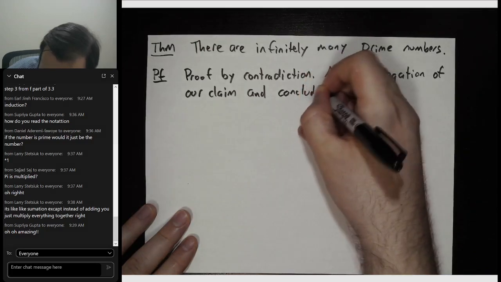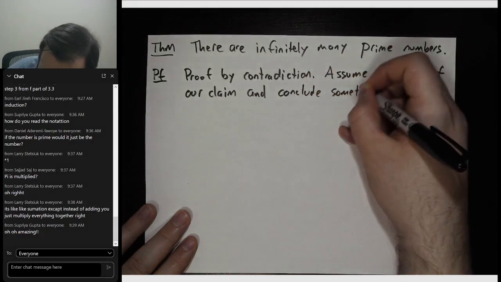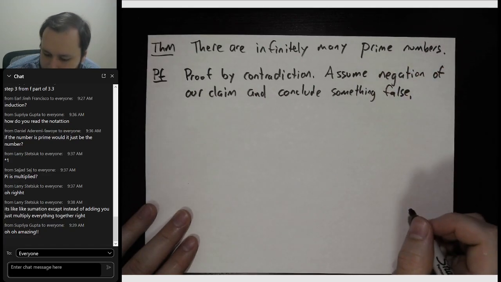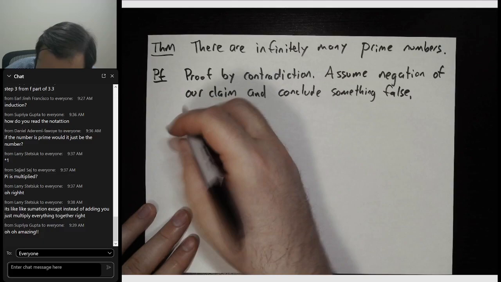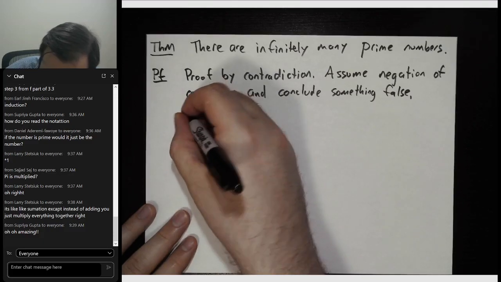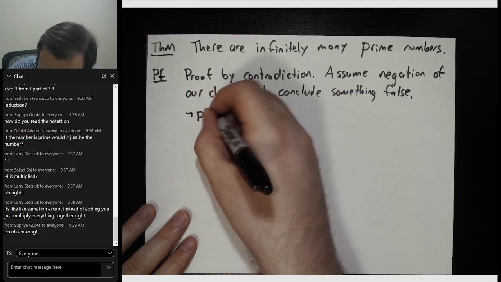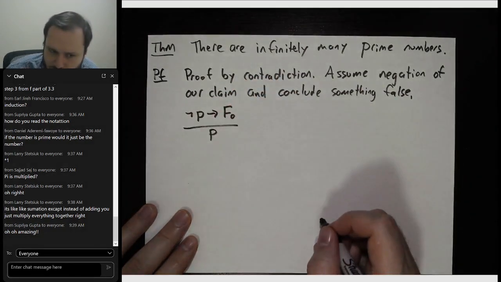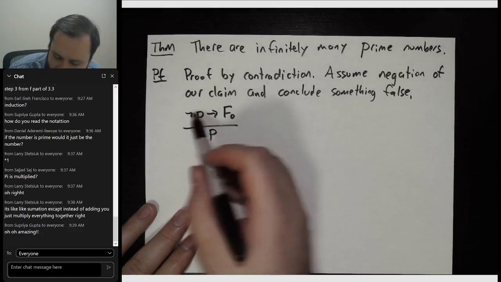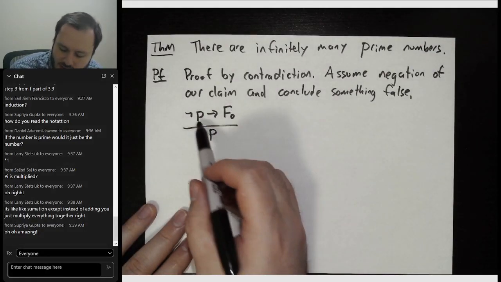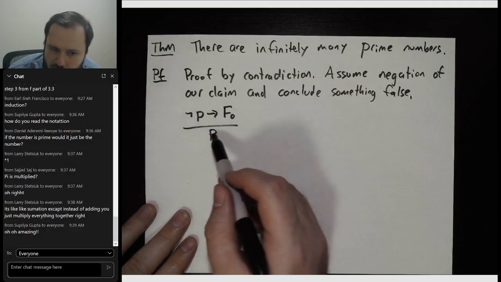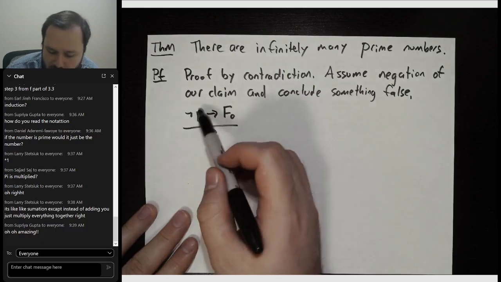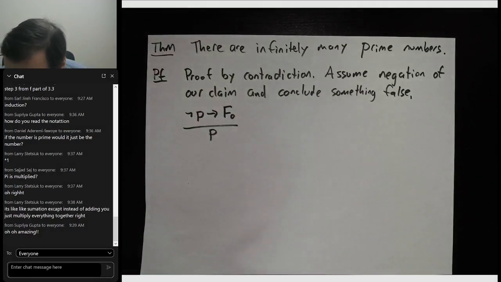Conclude something false. So the logical thing we're using is that from not P implies falsehood, we can conclude P must be true. If the negation of your statement leads to a contradiction, then your original statement must have been right. The negation of your original statement must have been wrong.